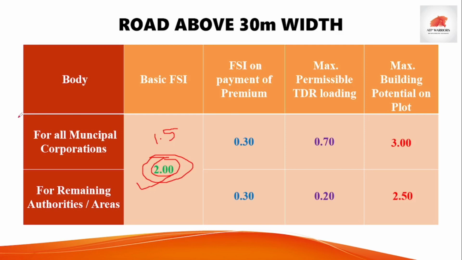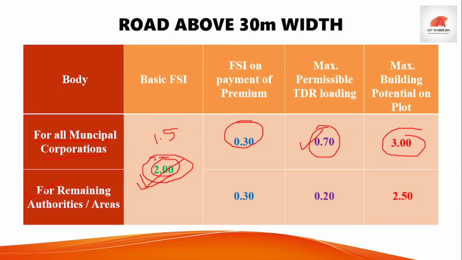Okay, so let's see the municipal corporation first, then we'll move towards the remaining authorities. What the table is saying for the municipal corporations is the basic FSI is 2 here, and the FSI on payment of premium is 0.30. See, again it is increased by 20 points. Okay, 0.70 TDR loading, and the maximum potential becomes 3.